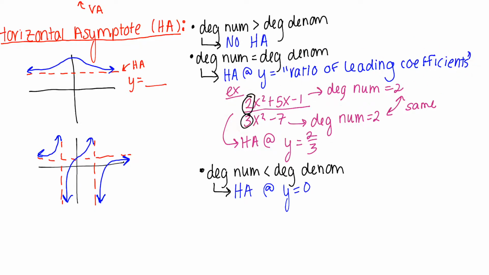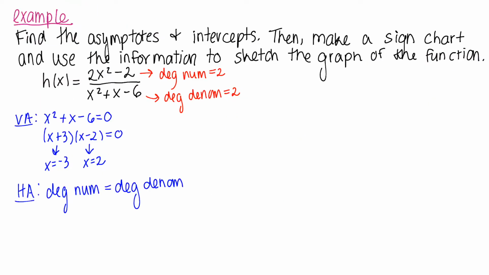So we're just taking the coefficient of the leading term on top over the coefficient of the leading term on bottom. For us, there's secretly a 1 right here. So it's 2 over 1, which is just the same as 2. So there's a horizontal asymptote at y equals 2.